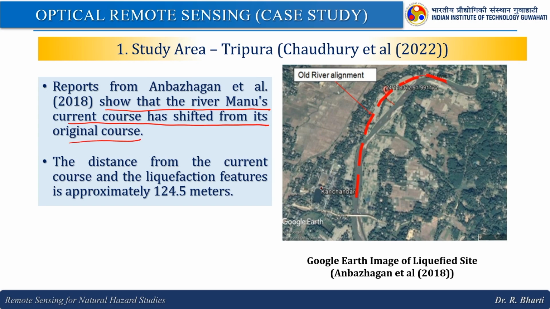This is the older river alignment, and this you can see is the new one. The distance from the current course and the liquefaction feature is approximately 124.5 meters, right.